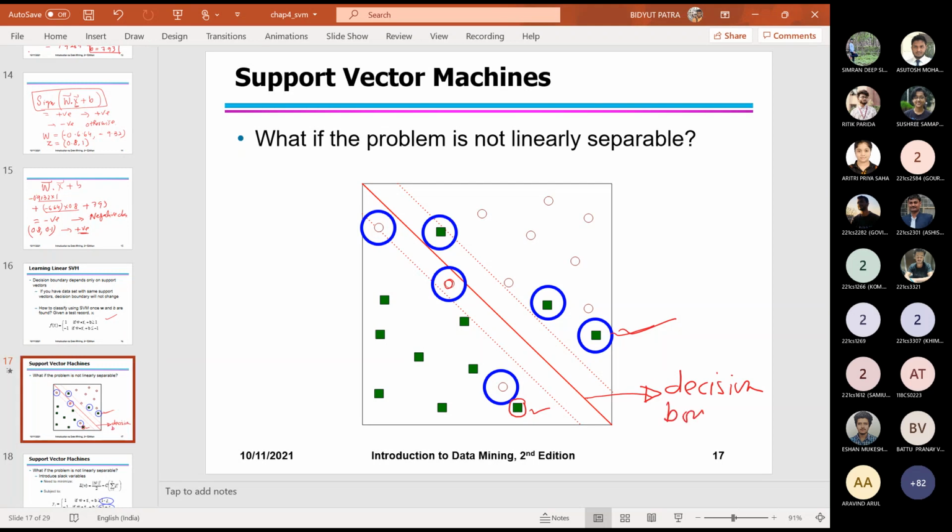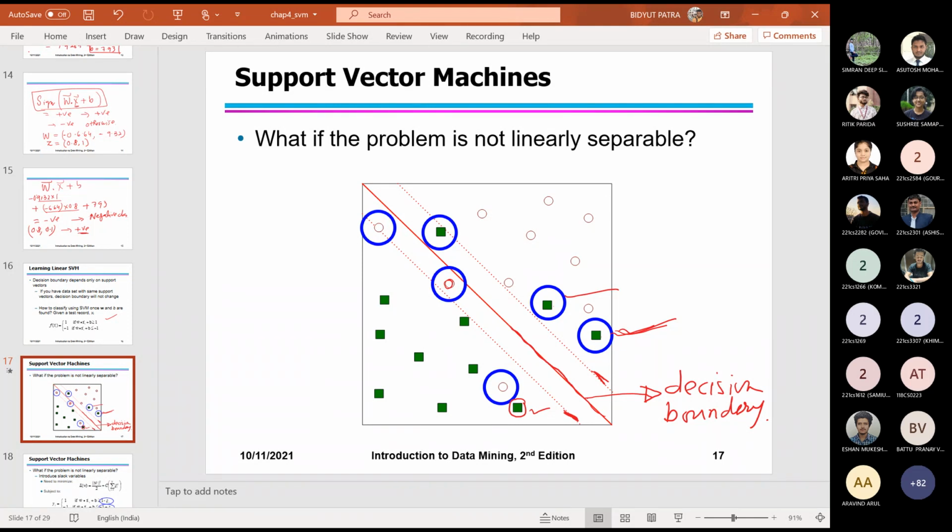Now if this is the scenario, obviously we are not going to get this line, because this line is not separating the positive samples from the negative samples. There is some problem with a few points that are crossing the decision boundary, even this margin also. To capture this aspect, we need to change the objective function a little bit.